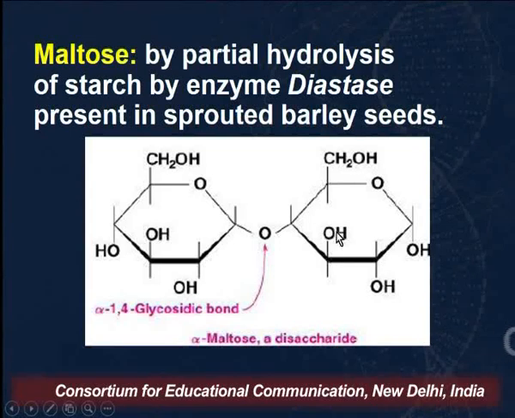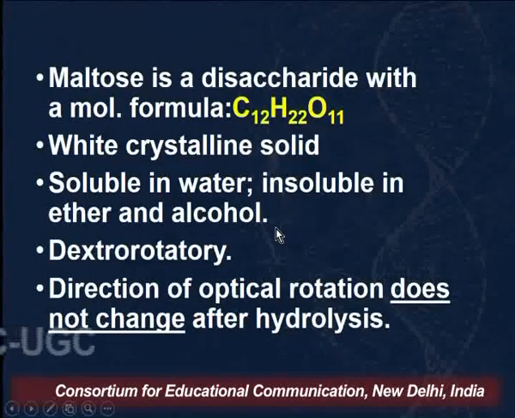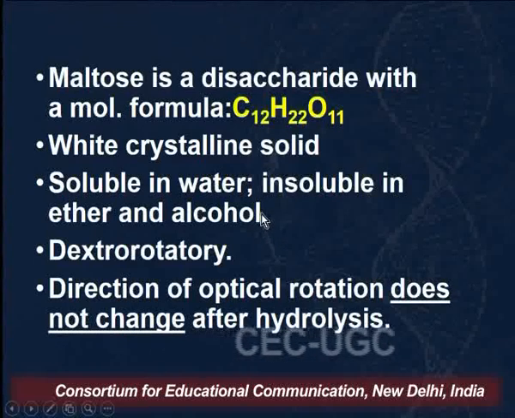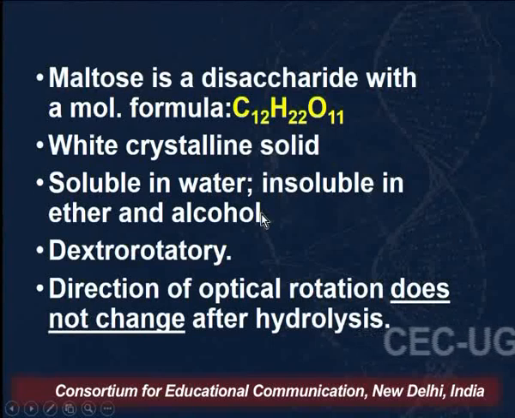And here what you can see is the structure of maltose on your screen, where you can see a glycosidic linkage between 2 alpha D glucose units, and the bond is between the first carbon and the fourth carbon. So what we can say is that maltose is a disaccharide with the molecular formula C12H22O11.